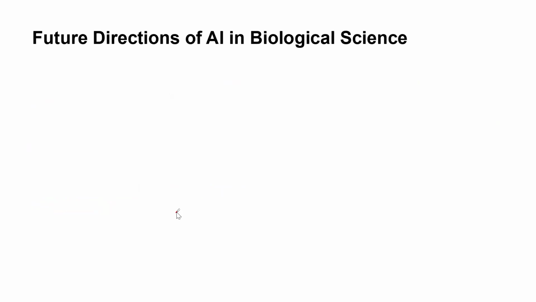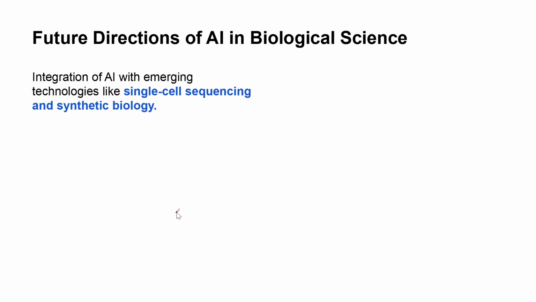So what are the future directions of AI in biological science? Integration of AI with emerging technologies like single-cell sequencing and synthetic biology.